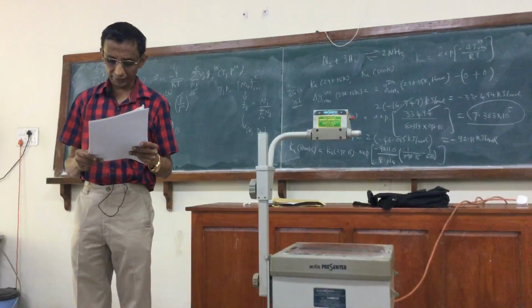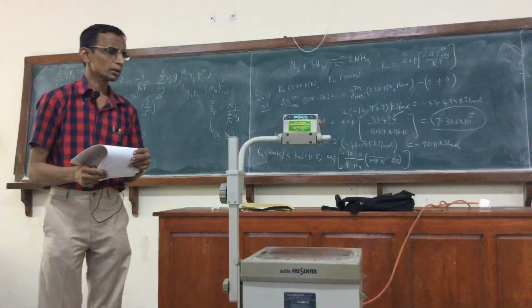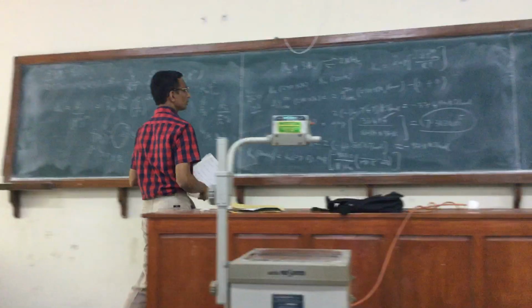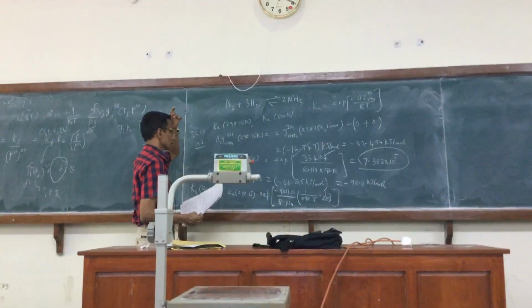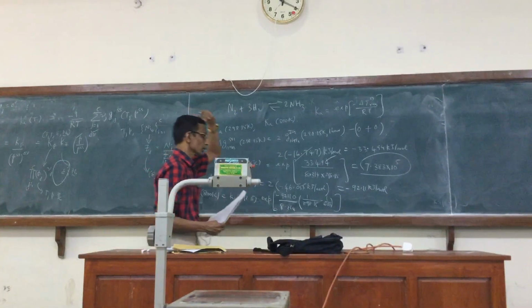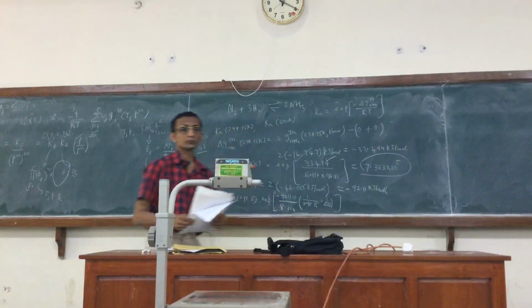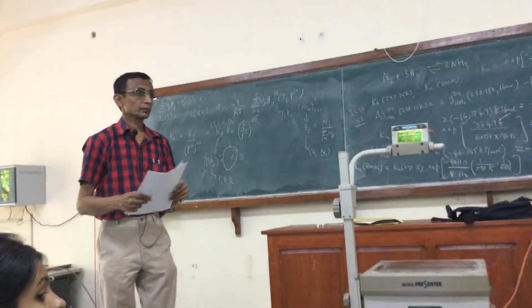So this factor. A question: delta H reaction per mole of which one, sir? Nitrogen or hydrogen or ammonia? It is per mole of ammonia formed.